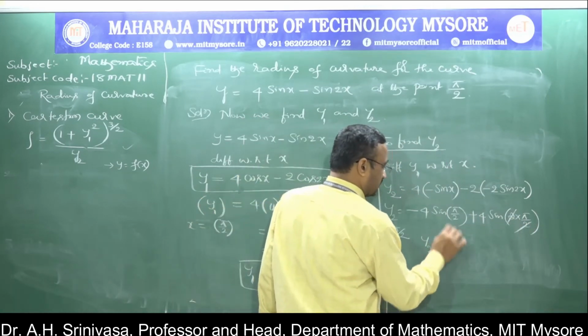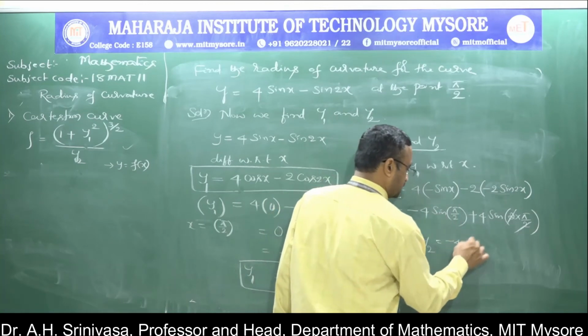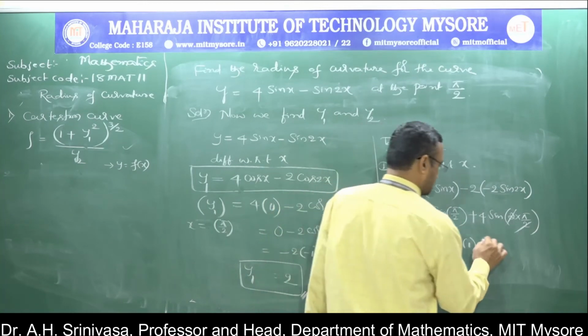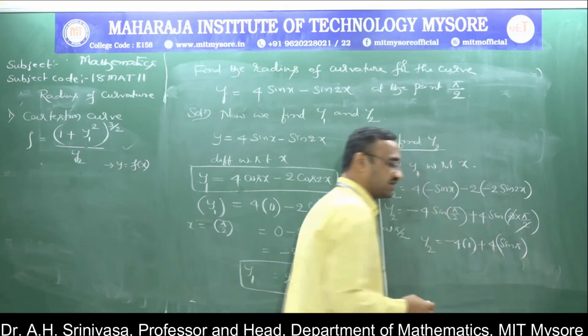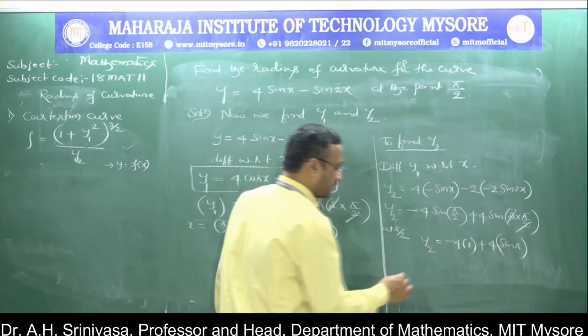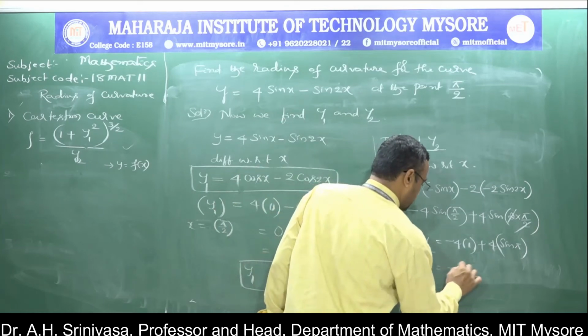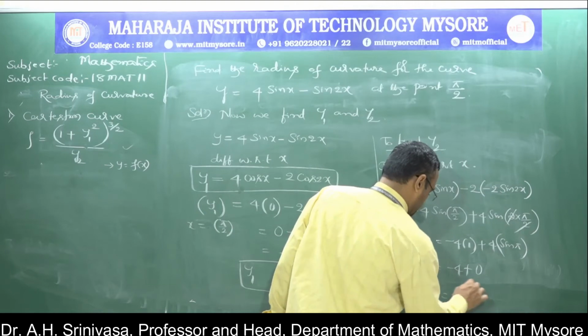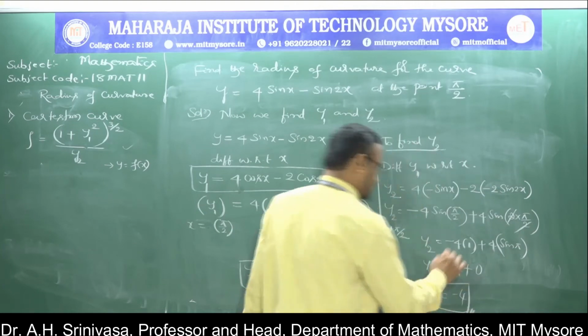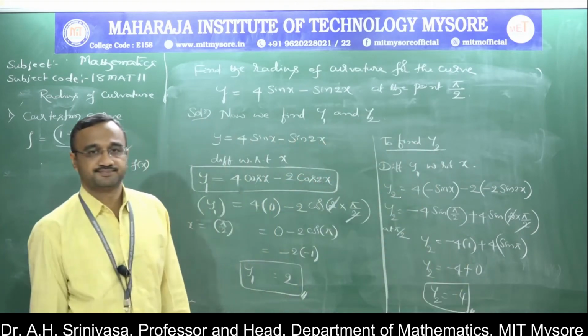Now what is the value of sin 90? It is 1. Plus 4 times sin pi. What is the value of sin pi? The sin pi value is 0. It is minus 4 plus 0. So we have the value of y2 as minus 4.